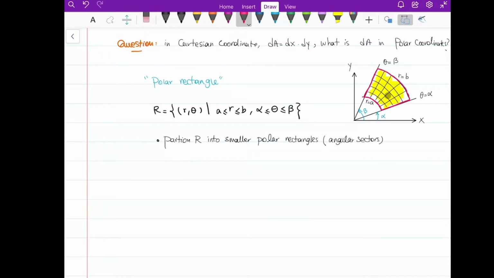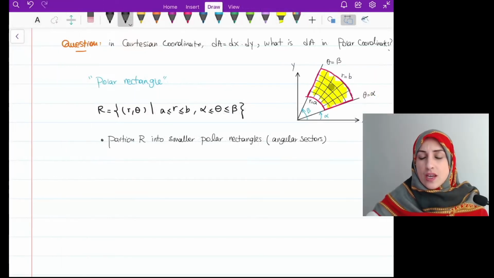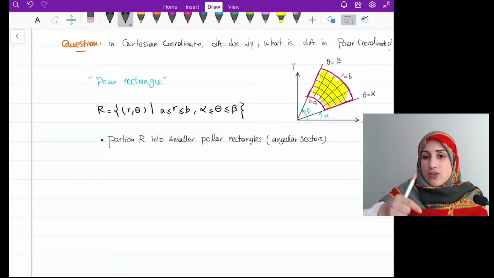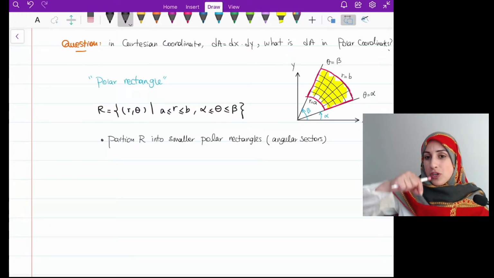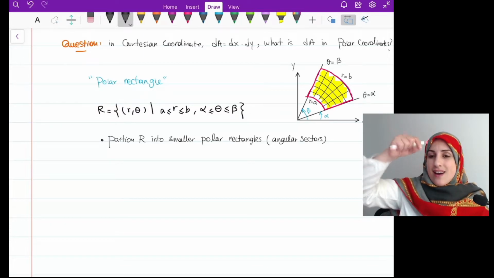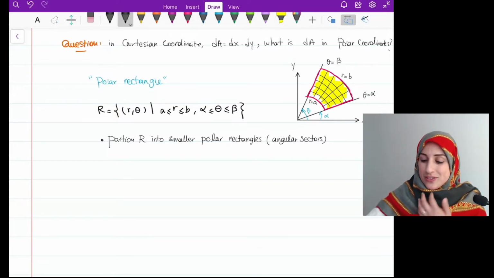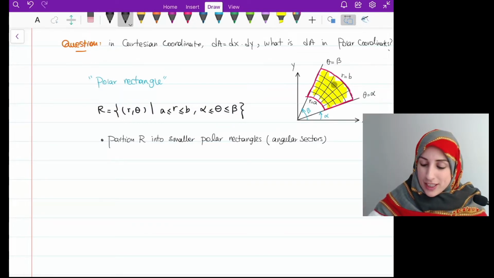Now let me just pay attention to just one small piece. Do you remember in the Cartesian case, when we wanted to find the double integral, we partitioned the region R into smaller rectangles. In each of the rectangles, we pick a sample point, and then we consider the value of the function at that sample point, which gives us the height of the volume of the solid that we wanted to calculate, right? So I'm gonna do the same thing in here.